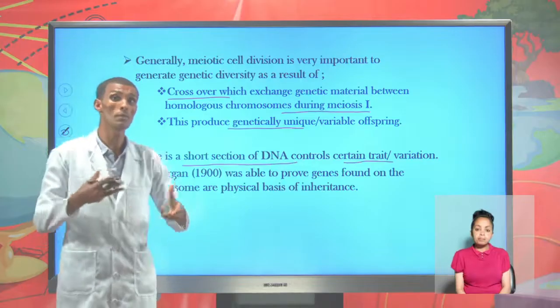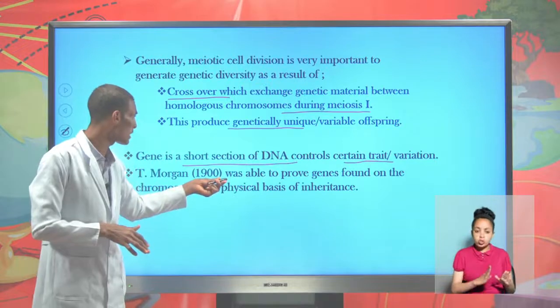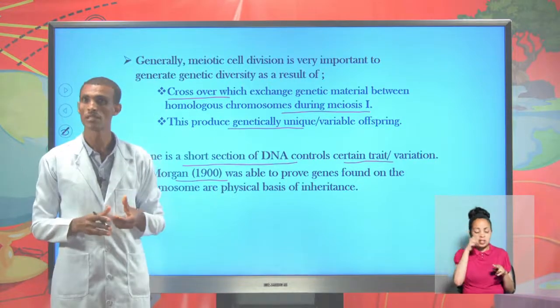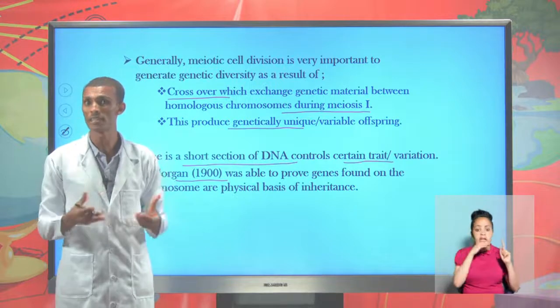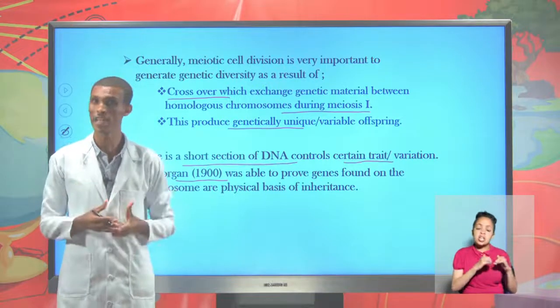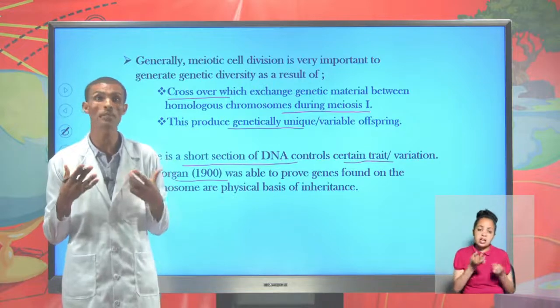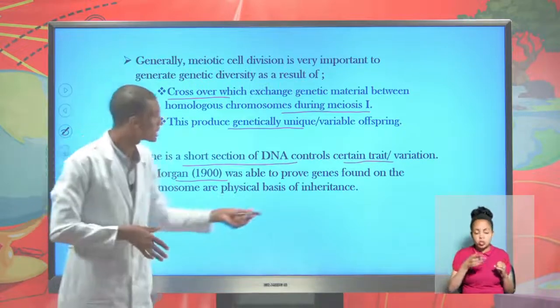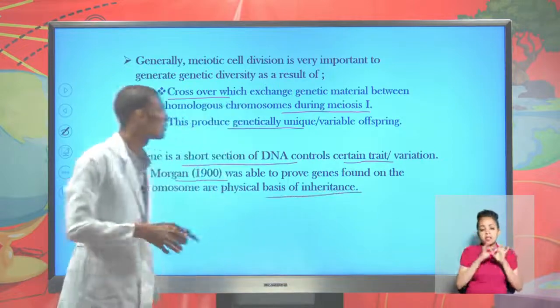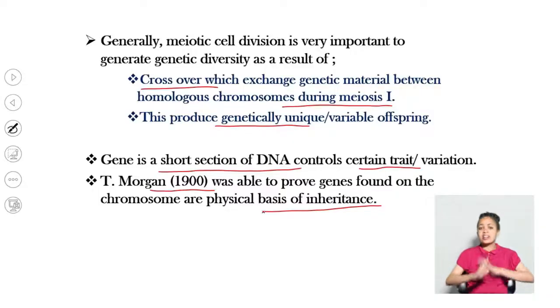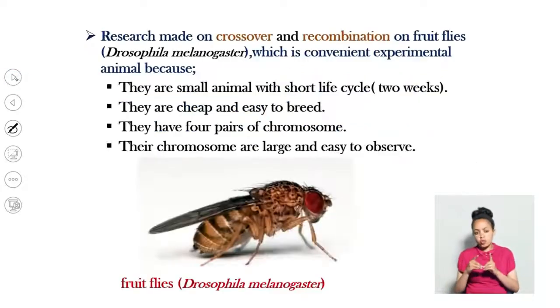There is one honorable biologist called Thomas Hunt Morgan who carried out research to understand and prove that a gene, which is a section of DNA that determines an organism's trait or feature, is the basis for physical inheritance. He carried out his research on the fruit fly. He experimented on this animal to understand how, as a result of crossover and recombination, there may be genetic variability among organisms over generations.